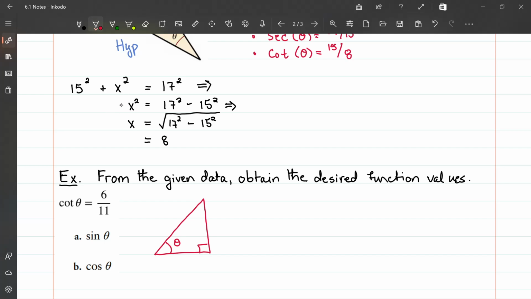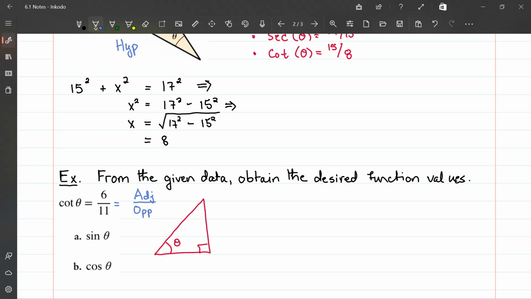Well, if I go back to my definition from up above and also from the previous page, whenever I talk about cotangent, I am talking about taking the side adjacent to my angle and dividing it by the side opposite my angle.